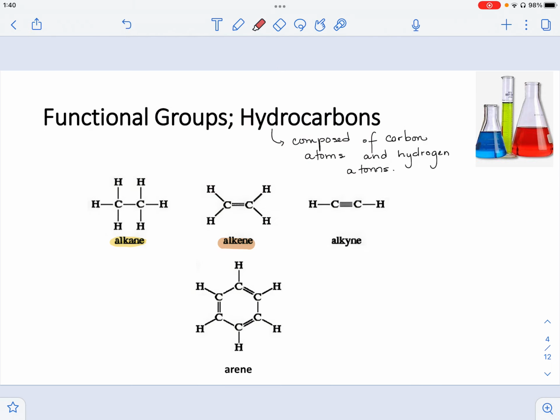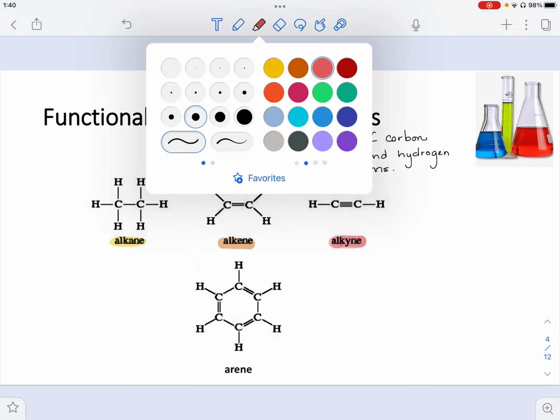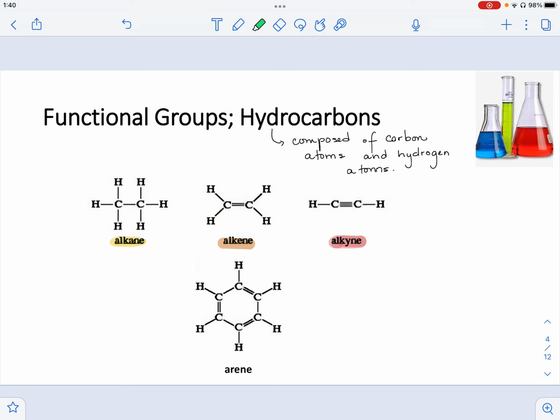The next functional group in the hydrocarbon family is going to be an alkyne. And alkynes are going to contain one or more carbon-carbon triple bonds. Then we proceed to talk about the next functional group in the hydrocarbon family, and those are going to be arenes.